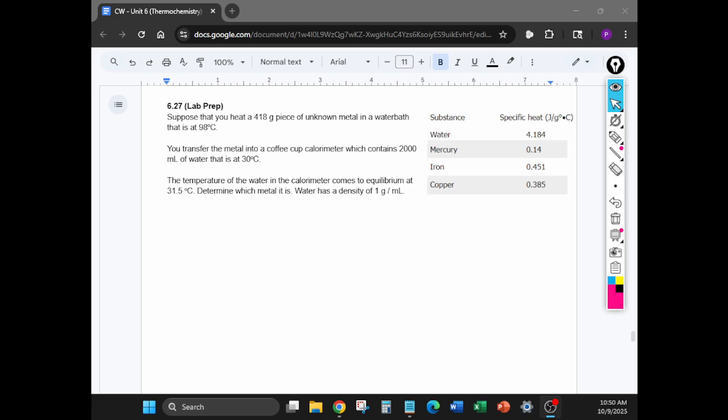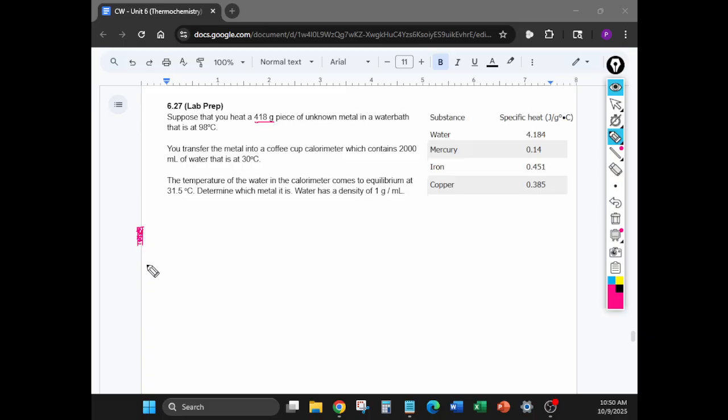All right, so what we're going to do is a problem that describes this calorimetry. I'm going to draw it for you, and let's see if you can plug the numbers in on your own, okay? So it says that you're heating a 418 gram piece of metal. So you've got a piece of metal and it weighs 418 grams.